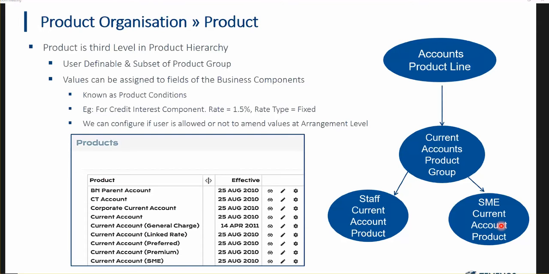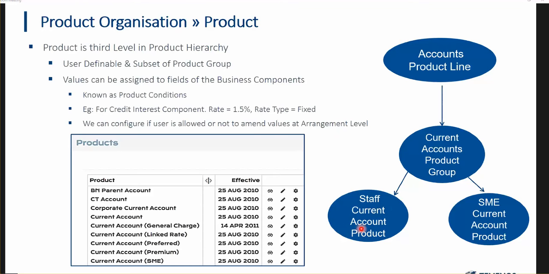Okay, just one more point, and then I'll hand it over. Now, in the product, each of the components, like this interest, this charge, and so on, when you put it here, has a field where you can mention some values. If I put a credit interest component here, there'll be some fields like rate, type, and so on.